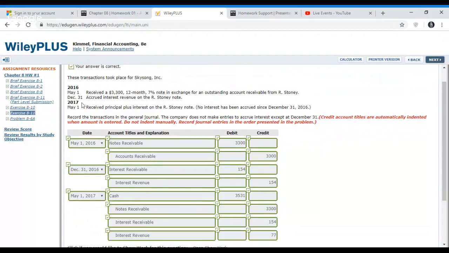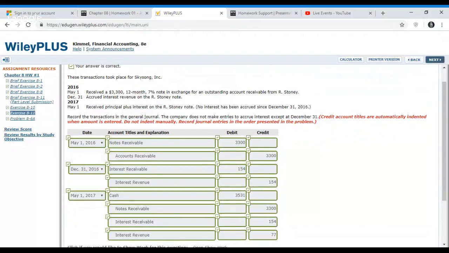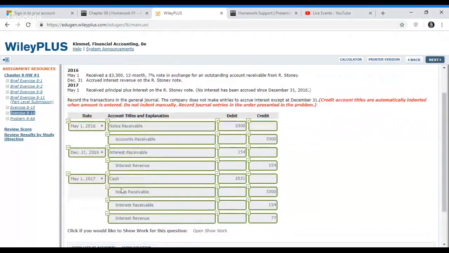Then 2017 rolls around, and it's May 1st, and we receive the principal plus the interest on the R. Stoney note. It's best to put in the notes receivable first, because that is the principal, and we know that is $3,300.